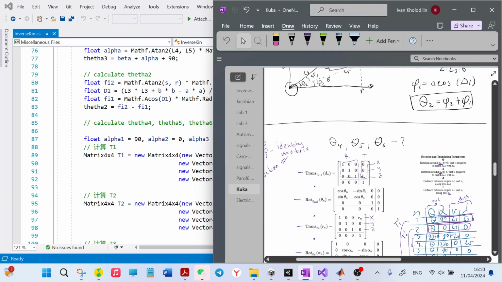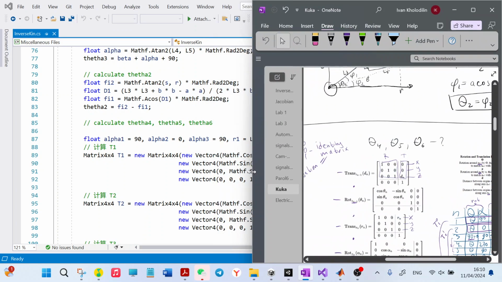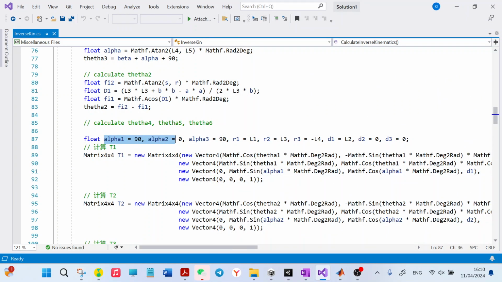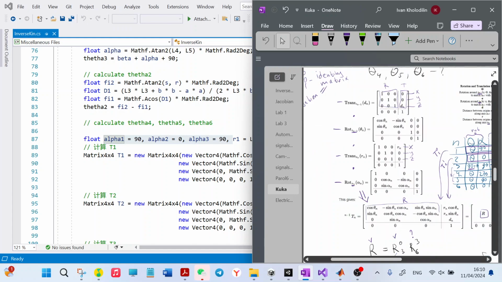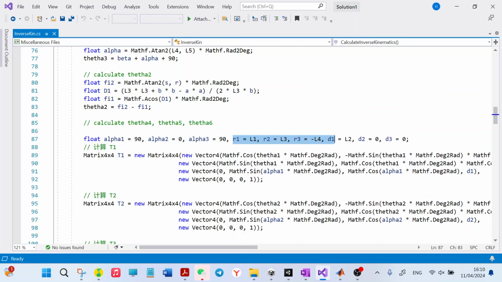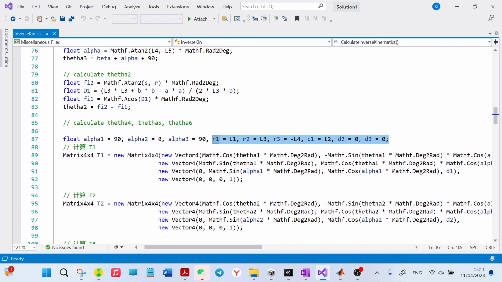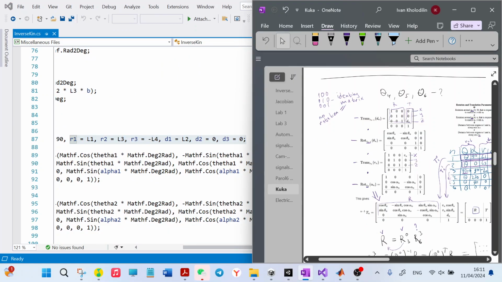Next we find theta 4, theta 5, theta 6. Here we need to consider what we found before. So alpha is known from our table. It is known from this table: alpha 1 90, alpha 2 0, alpha 3 90. Next we have this. R1 is equal to L1, also based on our table.